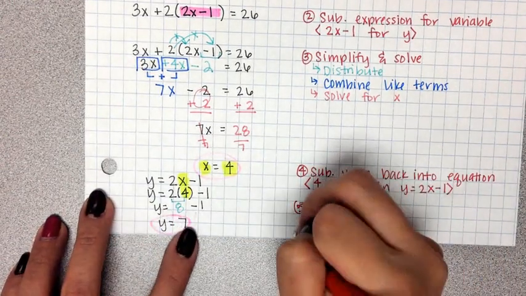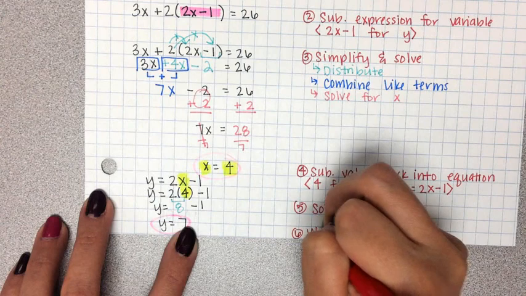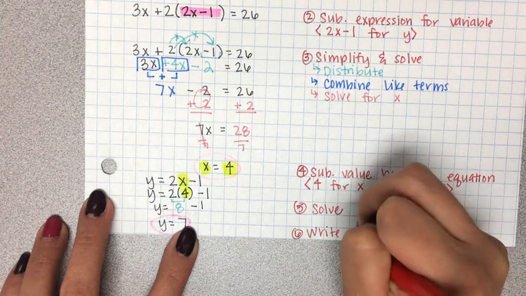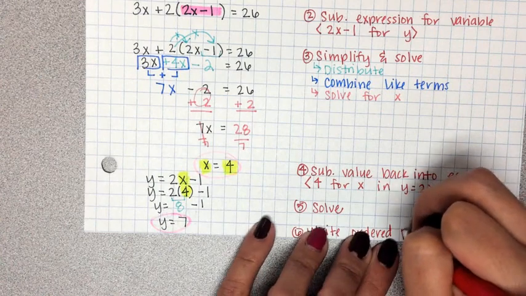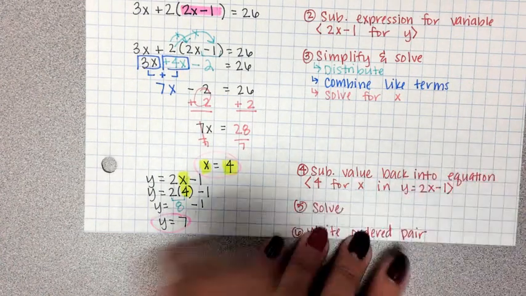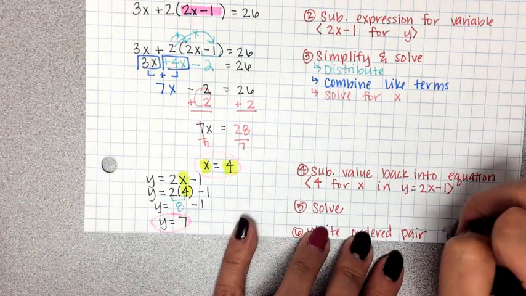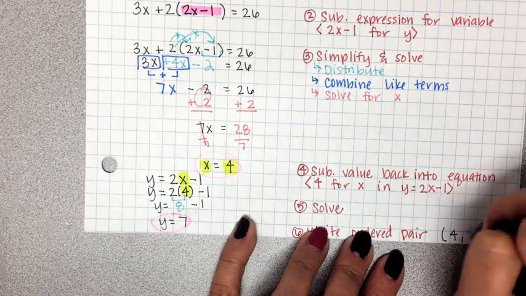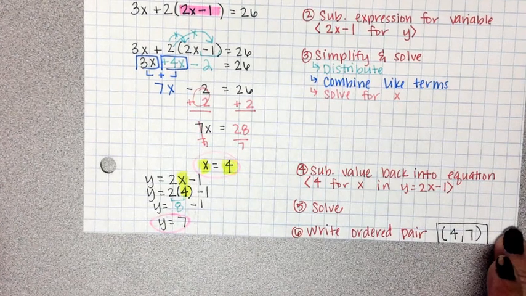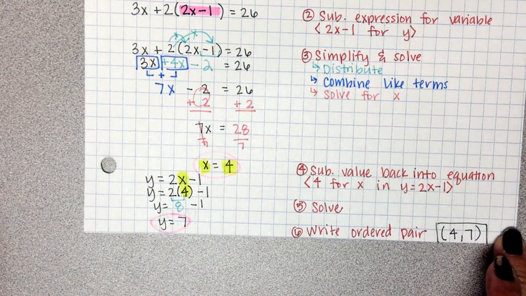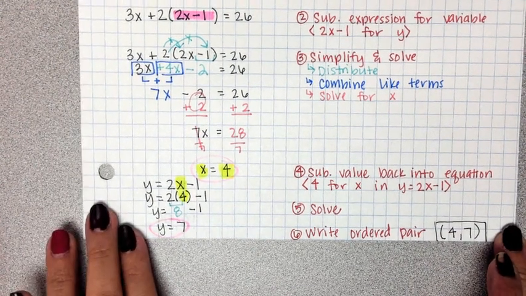So step 6 is write the ordered pair. So in this case, it would be 4, 7. Okay.